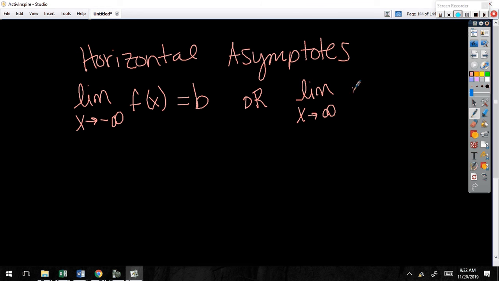The point is that if the end behavior doesn't equal positive or negative infinity, it just equals a number, then that tells me it has a horizontal asymptote at that number. So there's your formal definition.